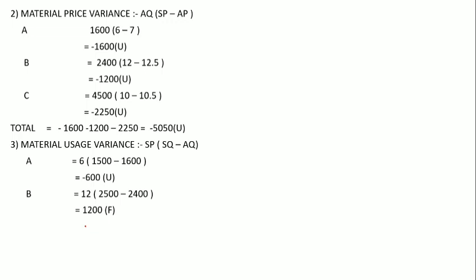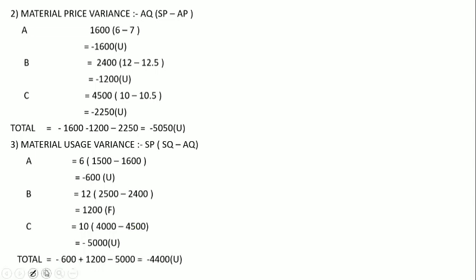For chemical C, SP is 10, SQ is 4000 and AQ is 4500, so the final answer is minus 5000. Now make the total of these three, which is minus 600 plus 1200 minus 5000. So the answer is minus 4400.